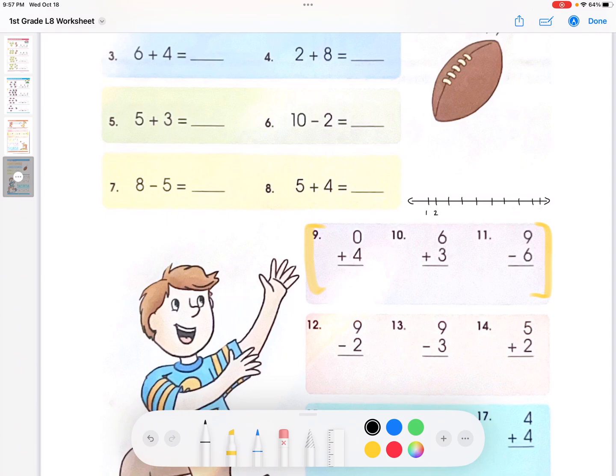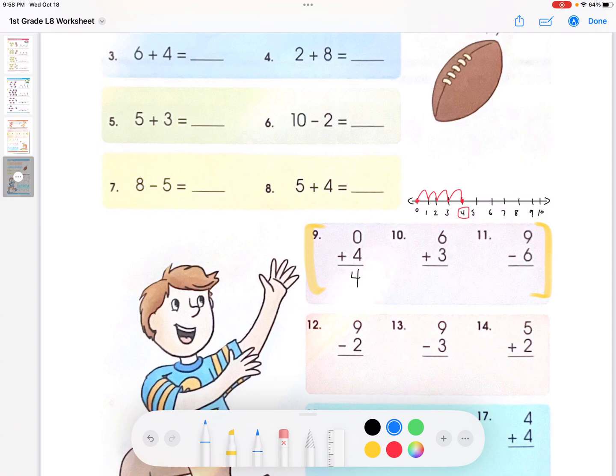So 1, 2, 3, 4, 5, 6, 7, 8, 9, 10. So we have our number line, and let's draw a line for 0. So we're going to start at 0 for here, this one. We start at 0, and then we move up 4 since we're adding 4. So 1, 2, 3, 4. So what number do we end up on? We end up on 4. So 0 plus 4 is 4.